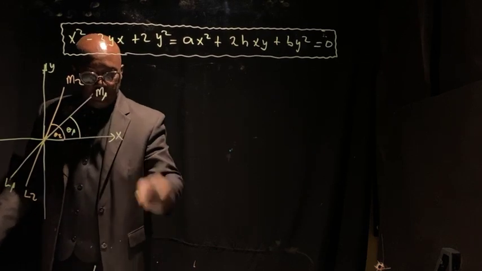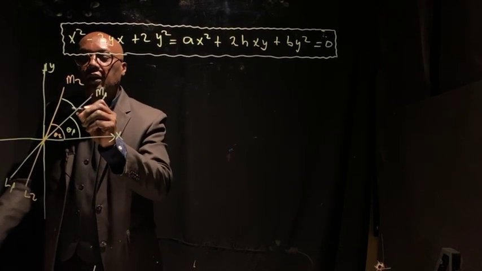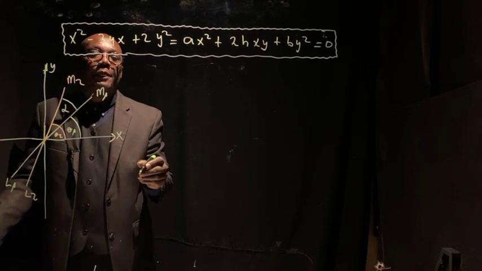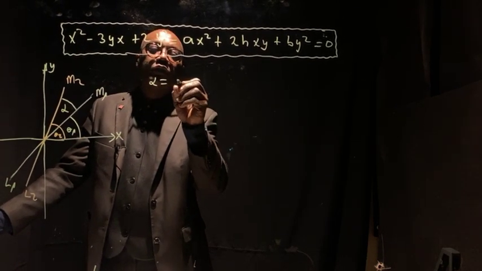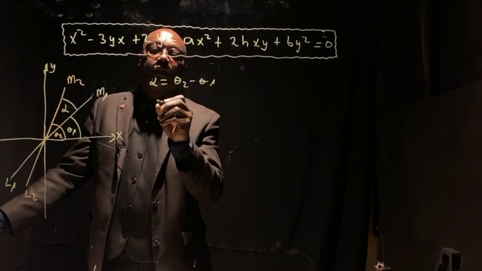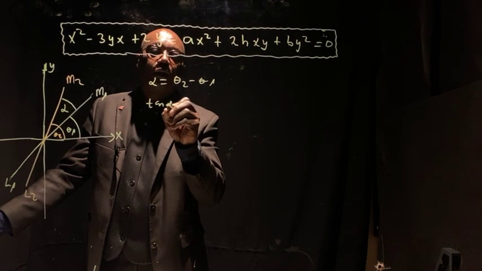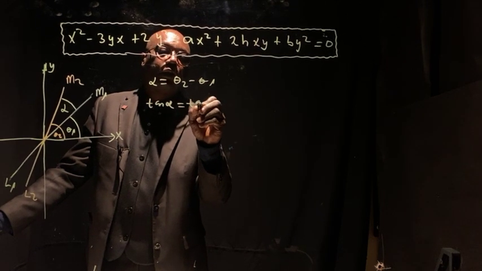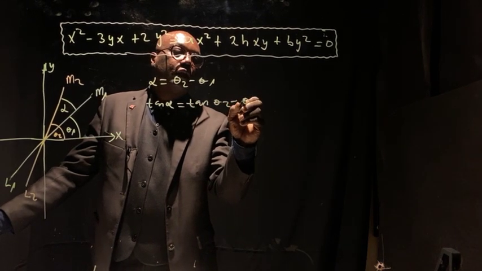And the angle between the two lines, call it alpha. And I said that alpha is equal to theta 2 minus theta 1. Taking tan on both sides, we have tan alpha equal to tan of theta 2 minus theta 1.